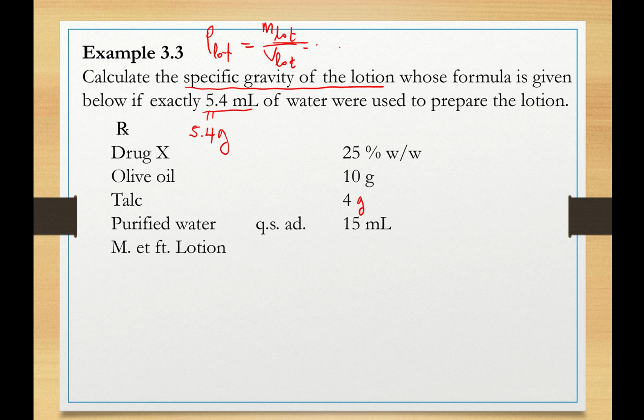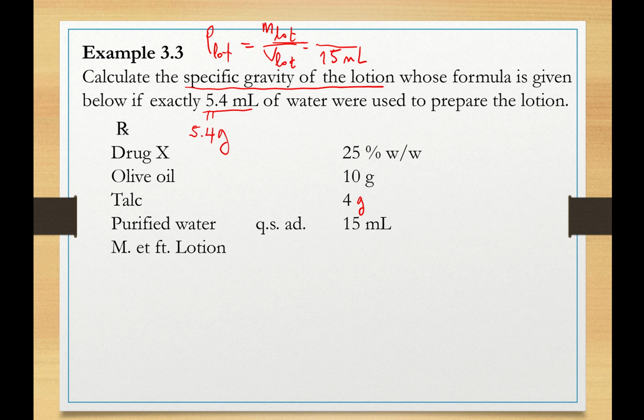Now the mass of the lotion is not known. We don't know it yet, because I know the quantities of 3 ingredients but not the quantity of drug X. But I know the volume of the lotion, that it's 15 ml. So this I know. So the question is, how do we deal with this now?